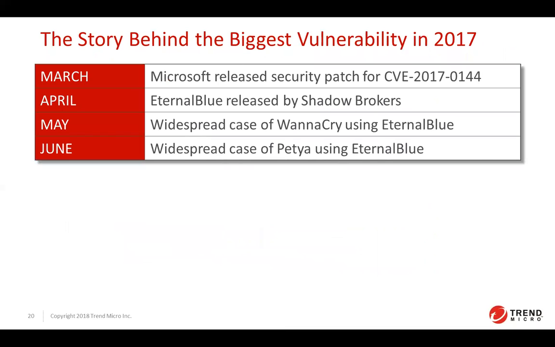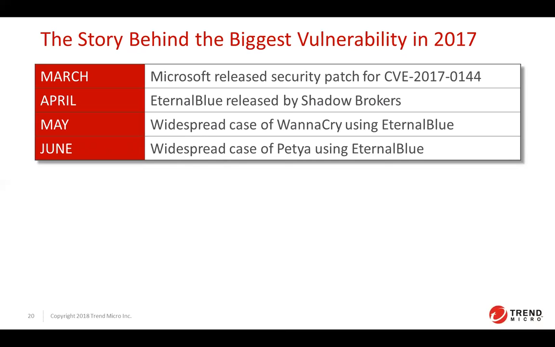And when we look at the biggest vulnerability of 2017, this was EternalBlue, released by the Shadow Brokers. It was a security patch for CVE-2017-0144. This is the one that was used for WannaCry and Petya. Both of those ransomware attacks were using this EternalBlue vulnerability.